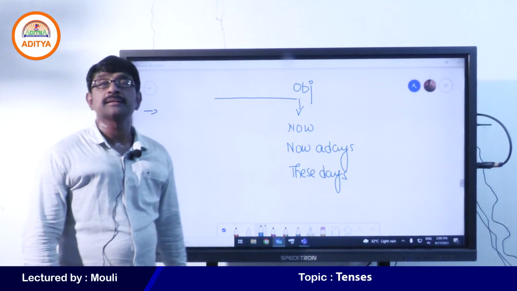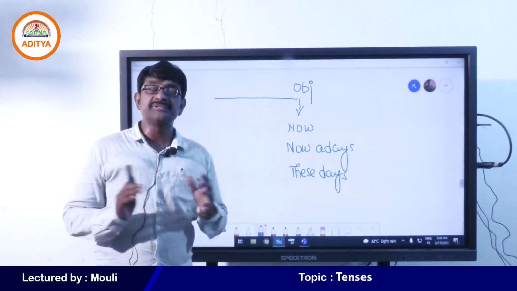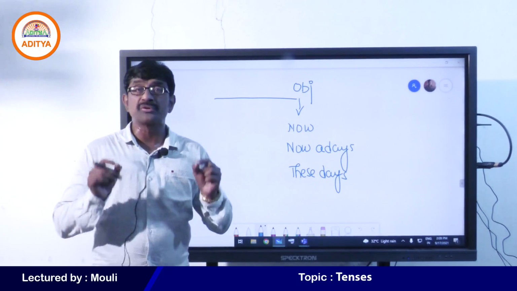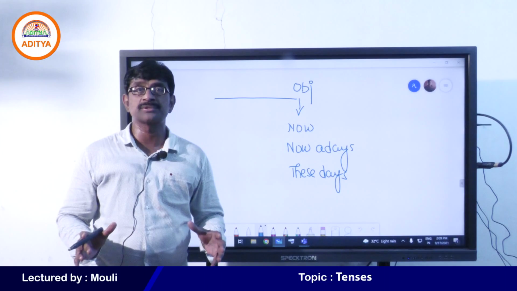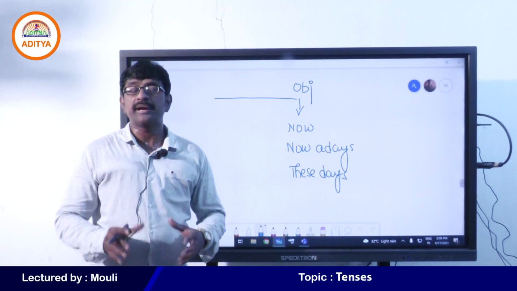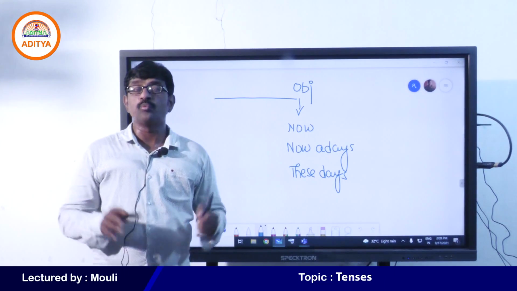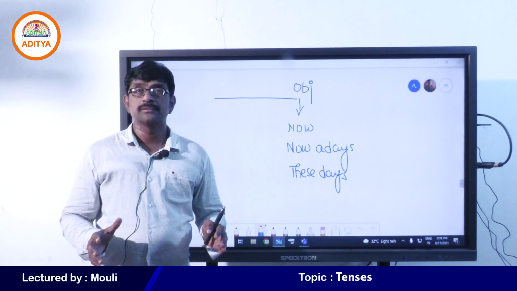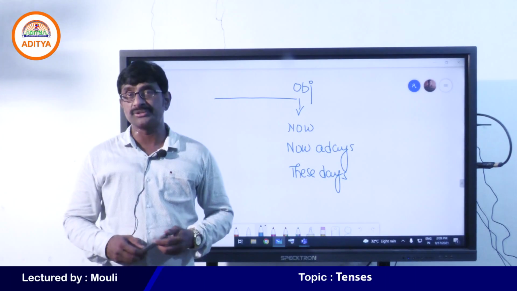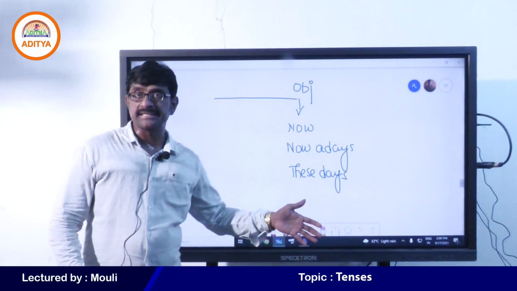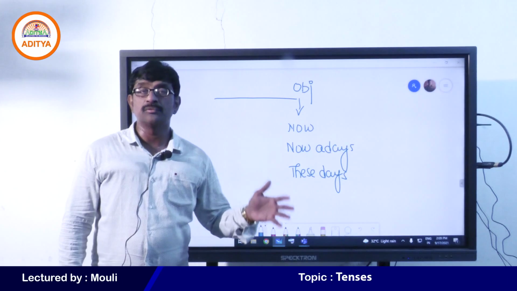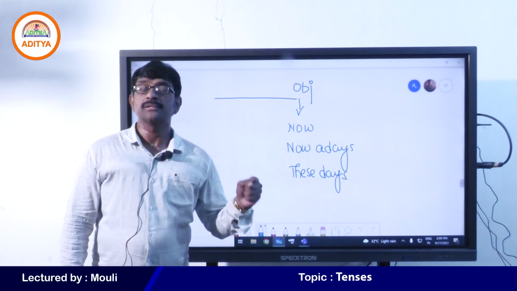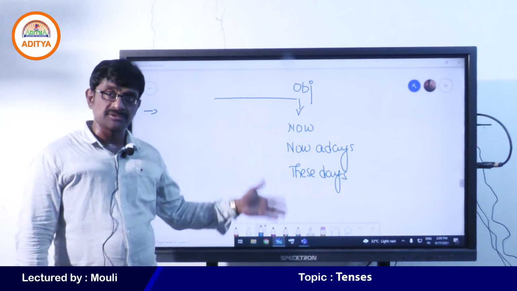These three will be there to recognize present continuous tense. Whenever you have one among these three, you can recognize it as present continuous tense. First you take down these three, students, and after that we will go for some corrections in present continuous tense.